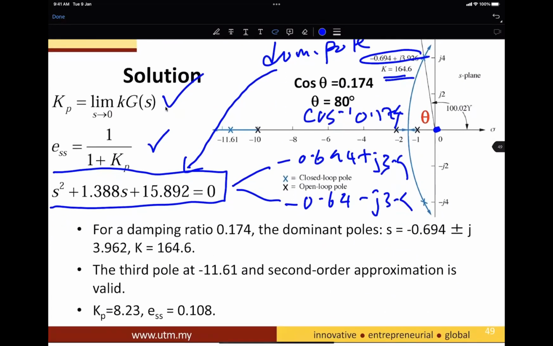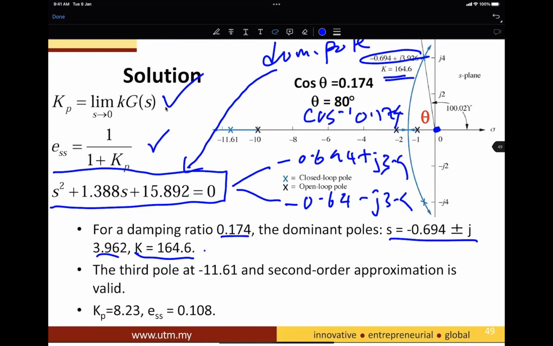For a damping ratio of 0.174, the dominant pole is here. This is the operating point, in the left half plane, with the gain of 164.6.